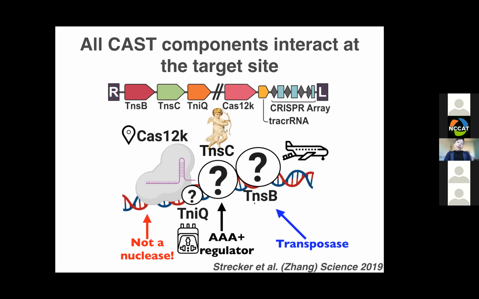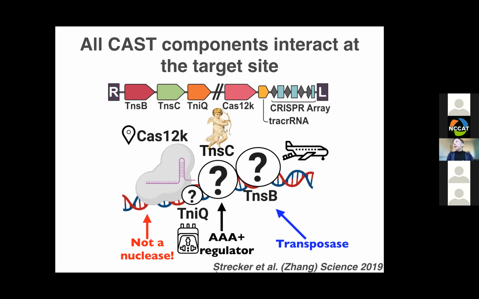And this story, though, is about this matchmaker protein. The reason we got interested in it is that it was a very mysterious component of this system. It's not very common that you would see these kinds of proteins associated with transposons. But what we knew about the TnsC protein is it's a AAA+ regulator, and AAA+ regulators occur throughout all branches of biology.